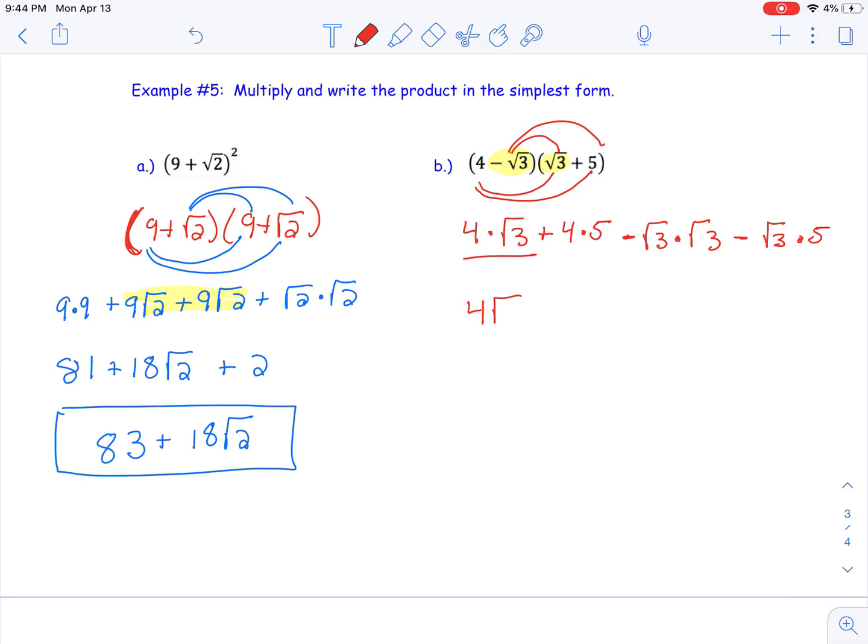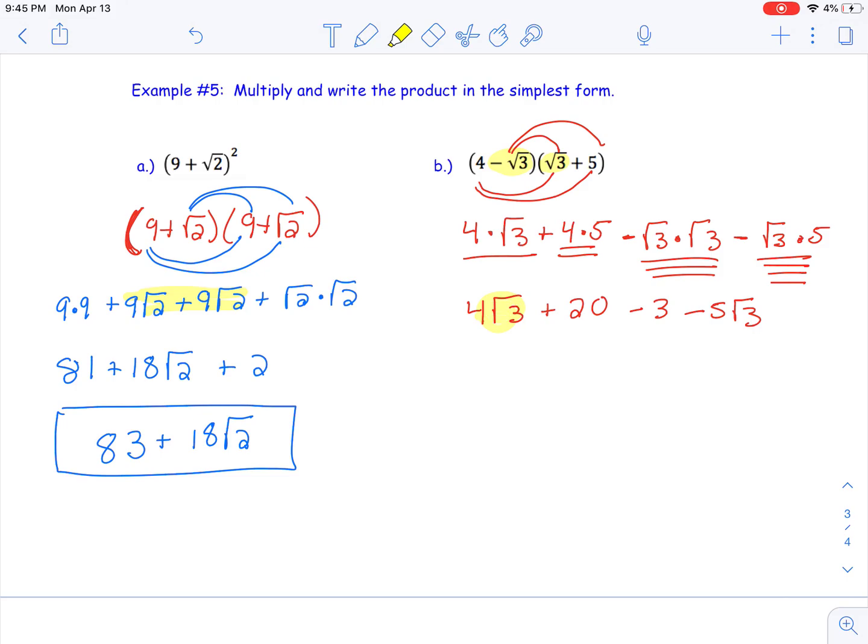It just becomes 4 radical 3. 4 times 5 becomes 20. This becomes negative 3. Radical 3 times radical 3 is radical 9, which is 3. And then at the end here, this becomes negative 5 radical 3.